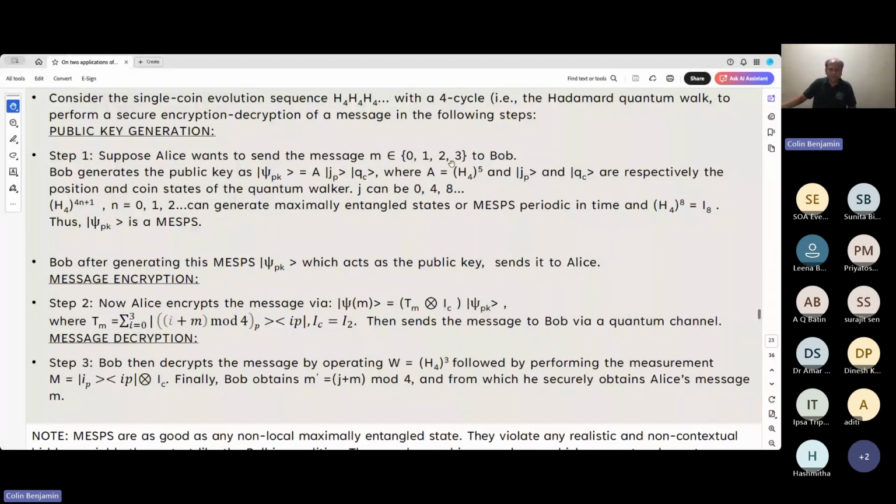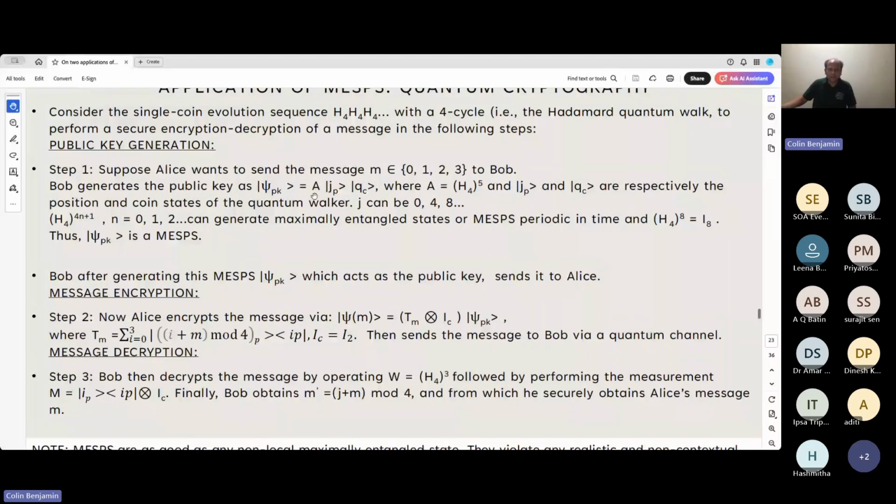Then Bob generates the public key by applying the coin on the states of the walker. Initially, they are unentangled. So he applies this Hadamard coin 5 times. And he generates a state, which can be maximally entangled or not.